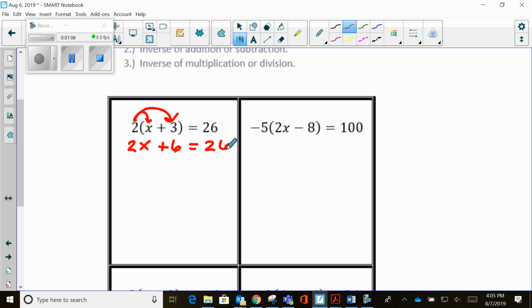Step 2 is to do the inverse of addition and subtraction. So I'm going to undo this plus 6 by subtracting 6 from both sides. Don't forget to draw your line down the equal sign.